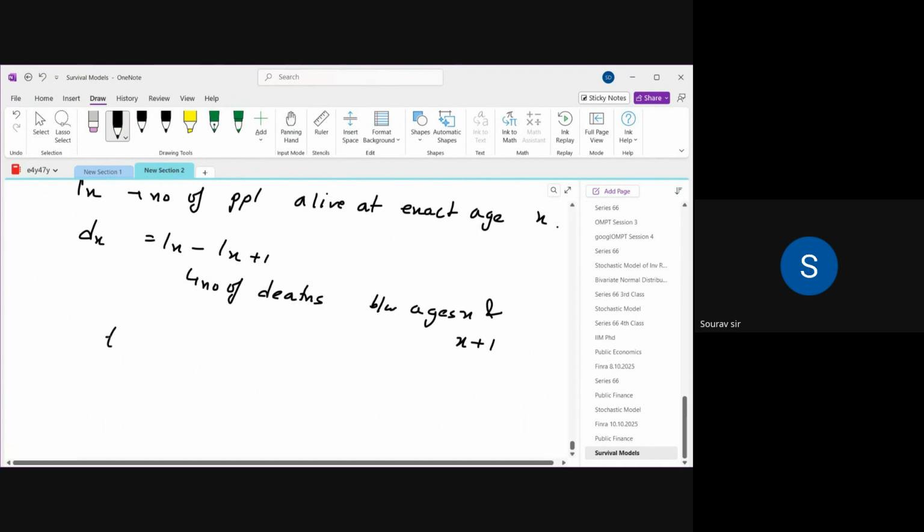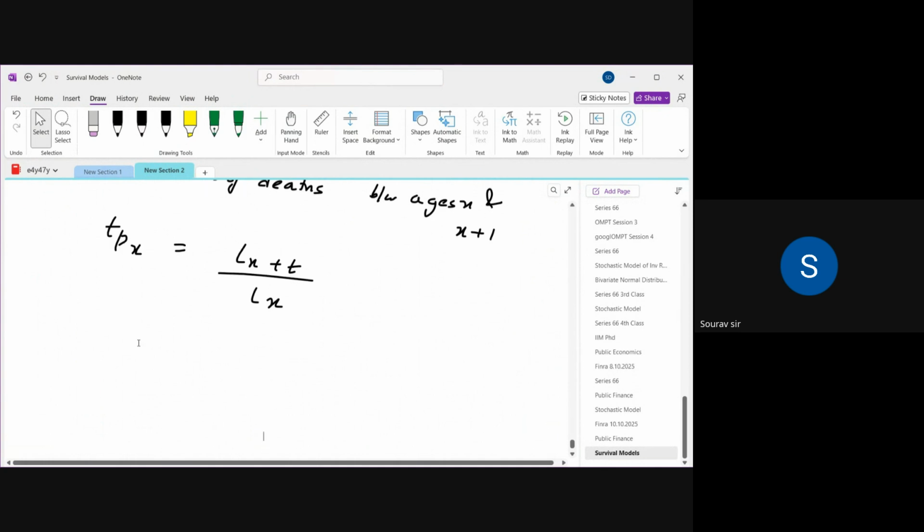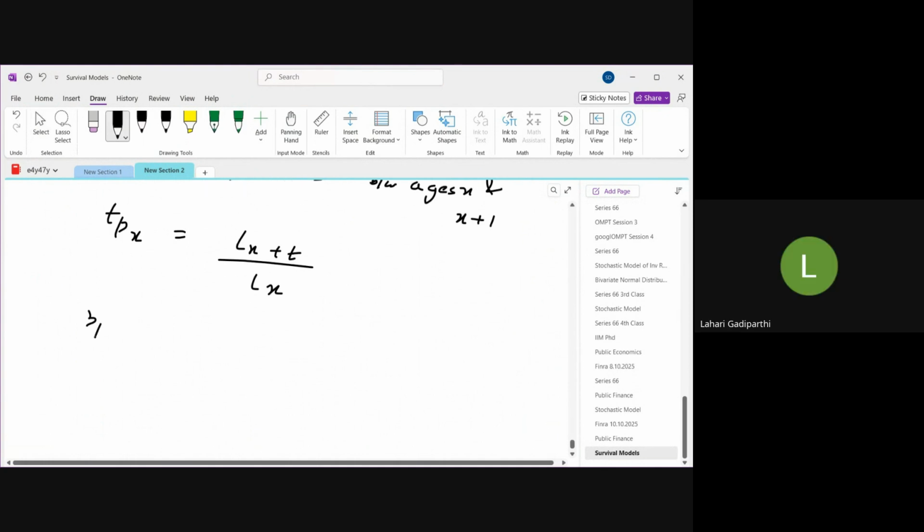Formula: tPx equals L(x+t) by L(x). Similarly, we did this with 3p30. What does that mean?